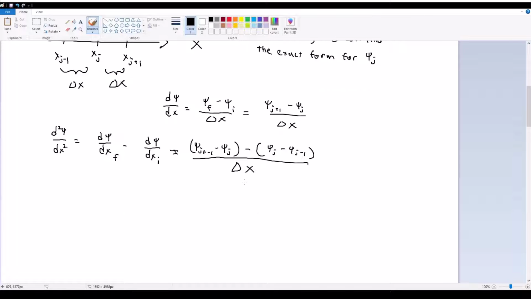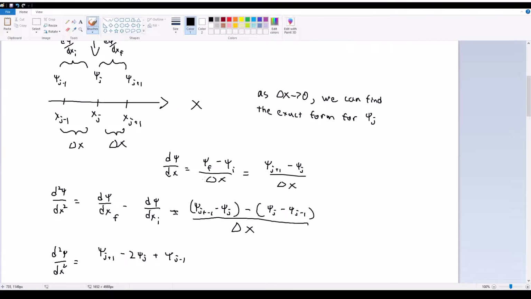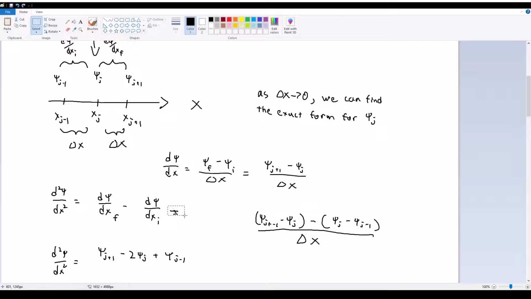And then if we want to write this out further, d2 psi by dx squared is going to equal the two psi j's combined. We get psi j plus 1 minus 2 times psi j, and then added with psi j minus 1. My apologies, I just realized this entire thing has to also be divided by the change in x.